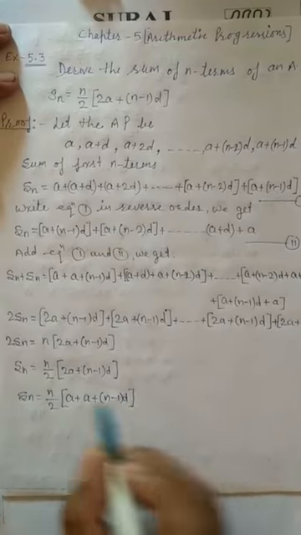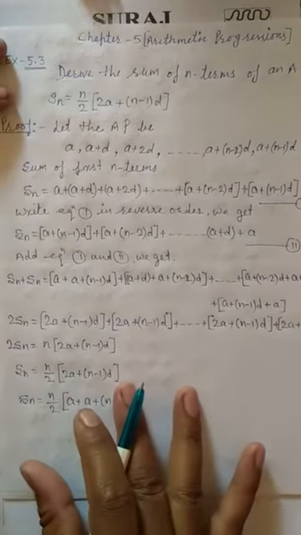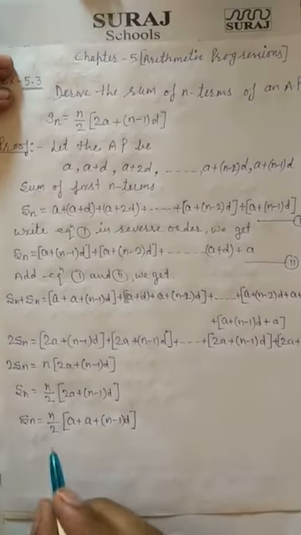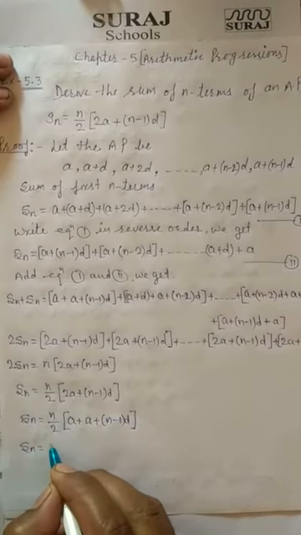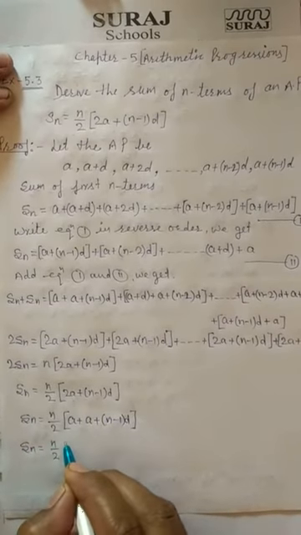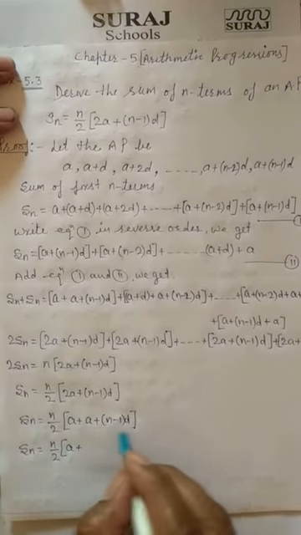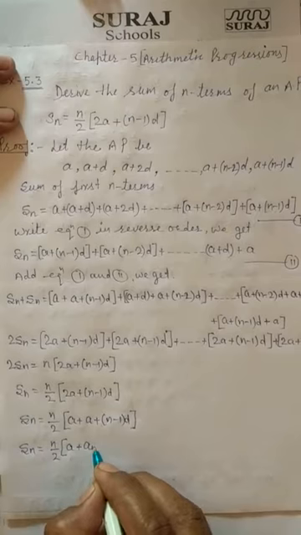We break 2a into a plus a. So students, let's see. Sn is equal to n upon 2 in bracket a plus, that is the formula for nth term, an.